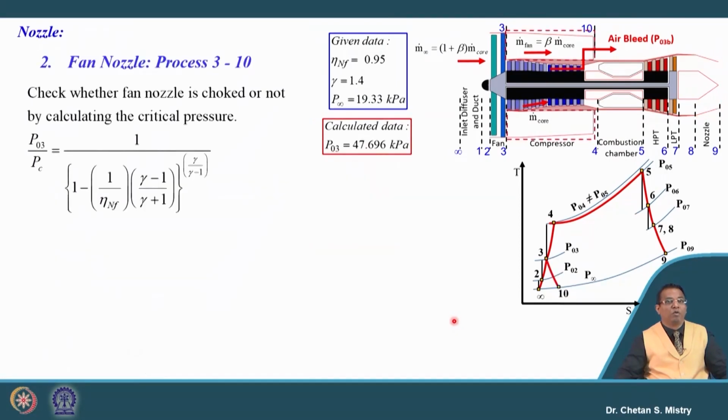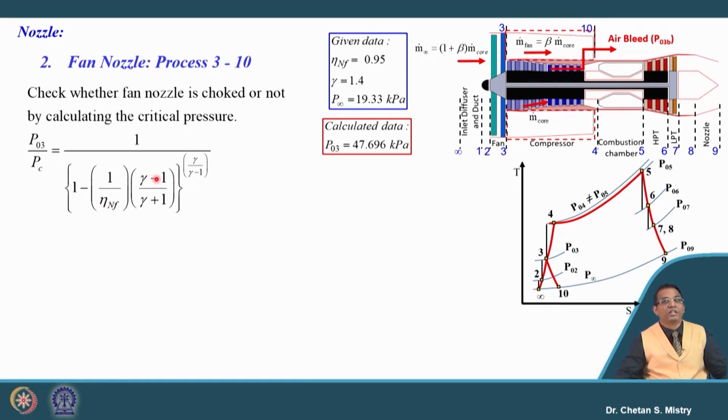Okay. Now, the next component we will select is our fan nozzle, and for the fan nozzle our critical pressure ratio is P03 by Pc. For the fan also we know the efficiency of this nozzle. At some instant, the nozzle efficiency for the fan and the nozzle efficiency for the turbine or core engine may be given differently, so you need to be careful in writing this information.